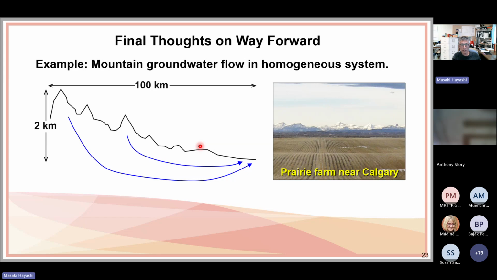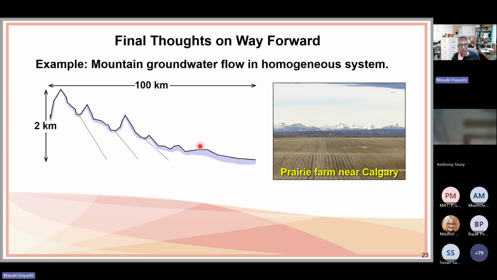But what we need to understand is that only the top few hundred meters, maybe 100 meters, of the mountains have high enough hydraulic conductivity to allow a meaningful amount of flow. So really, all the important things happen within the top 100 to 200 meters of the mountains.